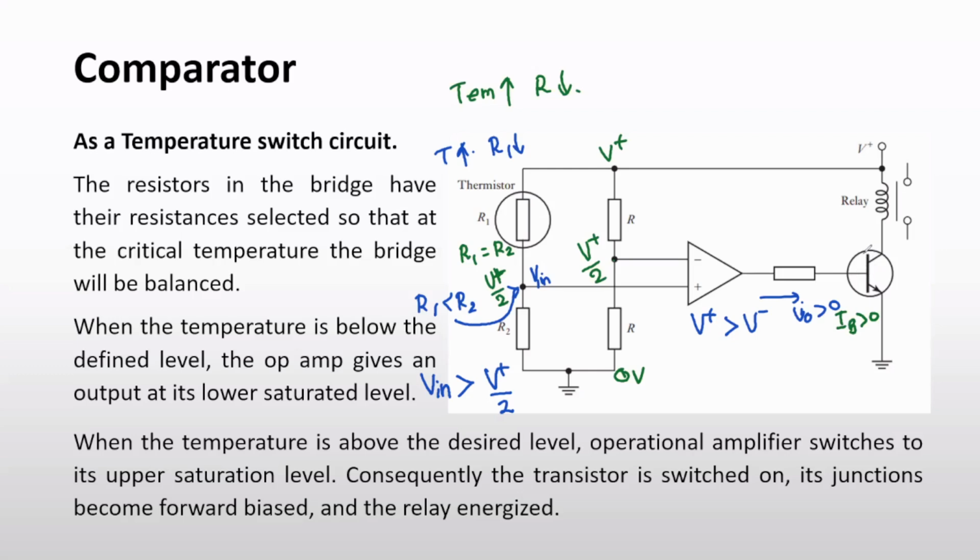This happens vice versa also. That means when the temperature decreases, R1 rises. So according to that, you can see this op-amp will not work.